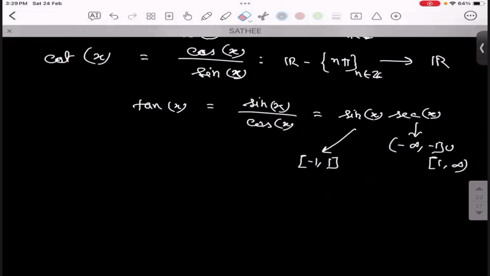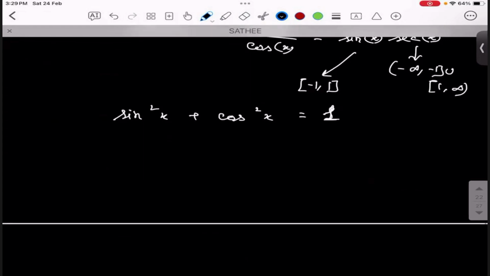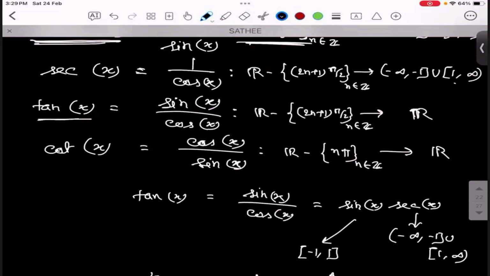Now, in the last class we discussed this fact, which we already know, that sin square x plus cos square x equals 1. Now, whenever tan x is well defined, in that portion cos x should not be 0.